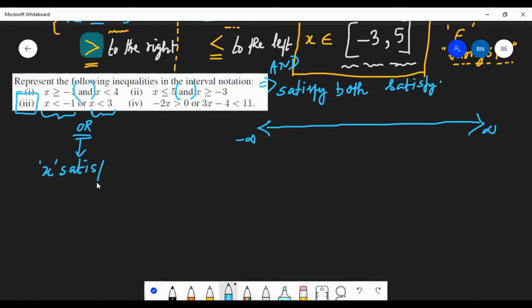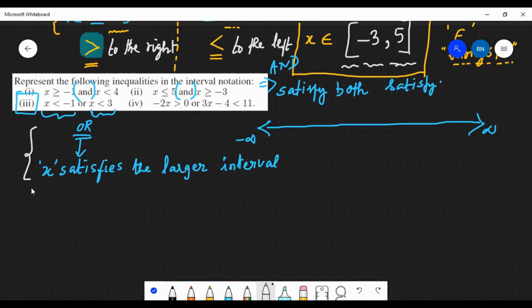Now x does not need to satisfy both statements. It satisfies the larger interval. Please make note of this very important understanding.